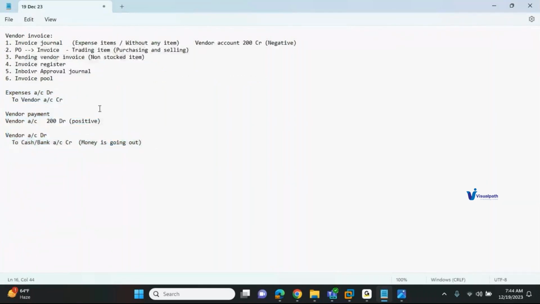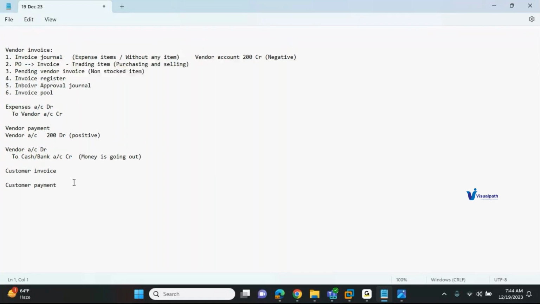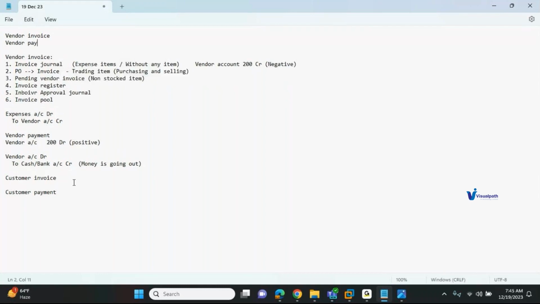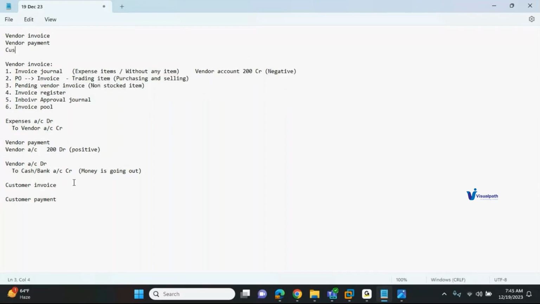Now this is vendor invoice, vendor payment. Next, you are going to learn customer invoice and customer payment. Tomorrow I will teach you about customer invoice, customer payment. The initial transactions you are going to learn are 4 transactions: vendor invoice, vendor payment, customer invoice, customer payment.